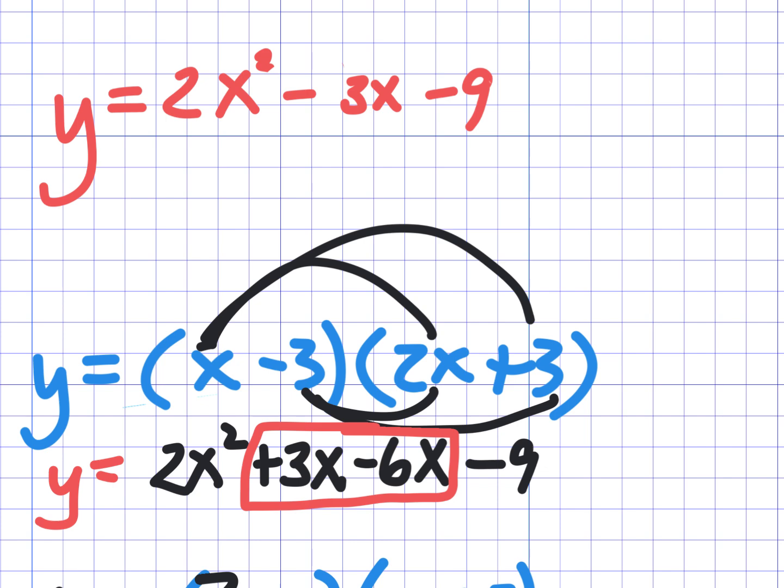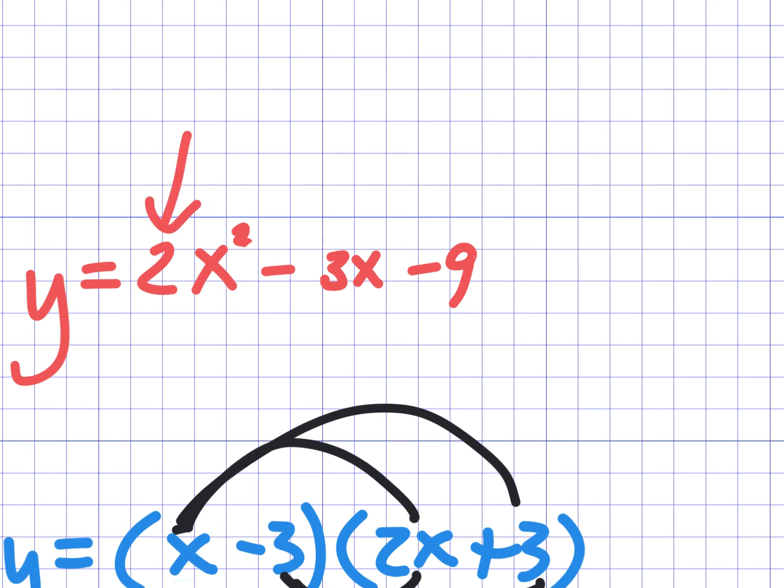Cool. The A value is 2. What's the y-intercept? As soon as I say y-intercept, I want you to go, oh, so x is 0. That's what should kick into your head. And you go, oh, so this is 0 and this is 0. That's all gone.